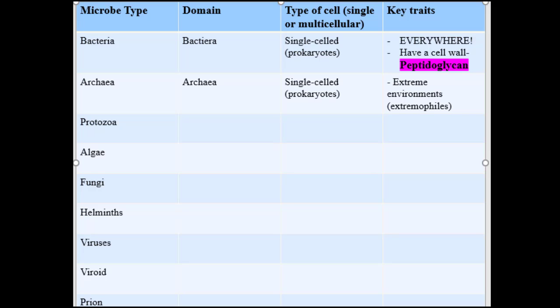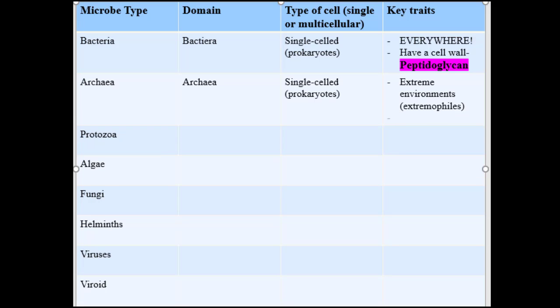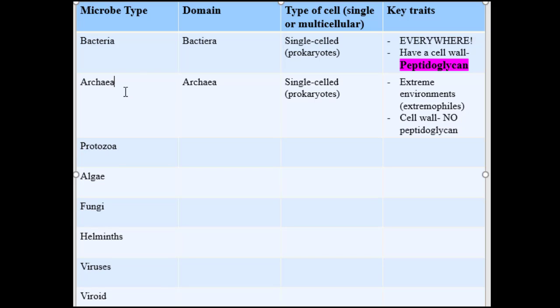So think about some extreme environments such as Antarctica, a volcano, a hydrothermal vent, a hot spring, things like that. That's where you're going to find archaea. Now, archaea, they do have a cell wall, but what makes them different from bacteria is there's no peptidoglycan in their cell walls. We will talk a little bit about archaea this semester, but because they're not really medical pathogens, we don't talk about them too much. We'll just talk a little bit about them.